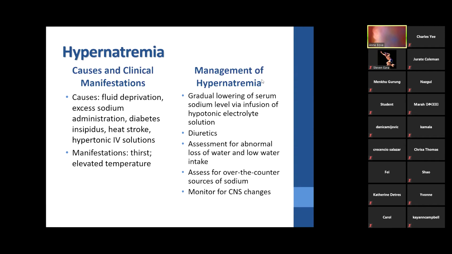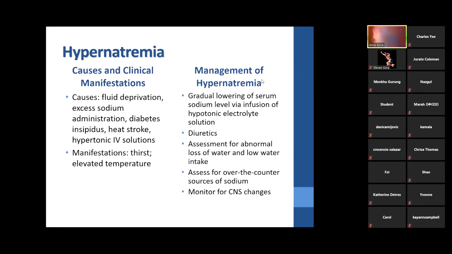With hypernatremia, an individual could have thirst, could have an elevated temperature because of the loss of water. In order to lower the sodium level, you would obviously give hypotonic solutions, so half normal saline, and give diuretics like a loop diuretic that would remove sodium.